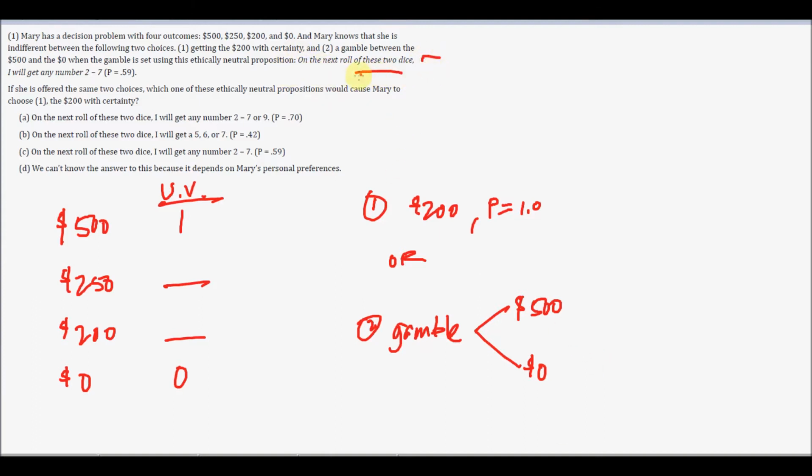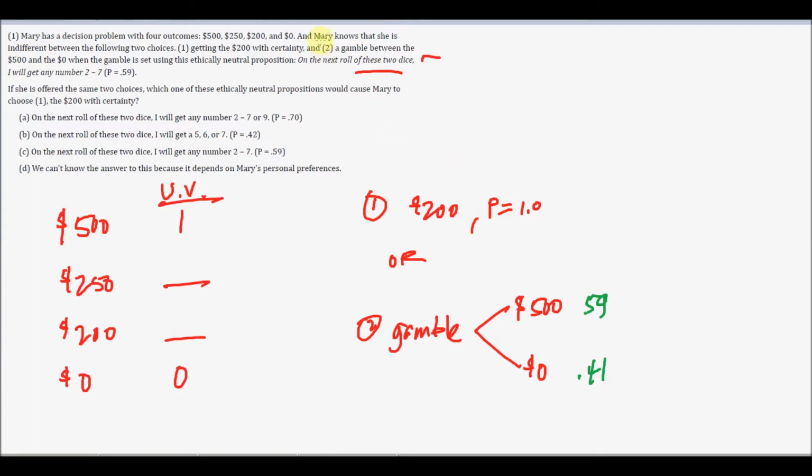On the next roll of these two dice, I will get any number 2 through 7. So this sentence has a 59% chance of being true. So essentially, Mary has a 59% chance of winning the gamble, and a 41% chance of losing it.